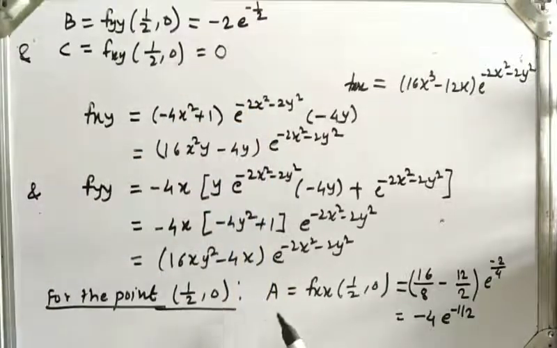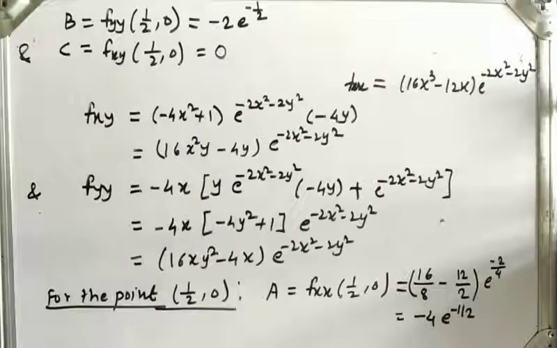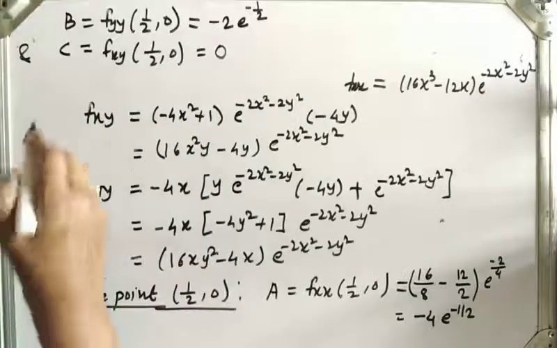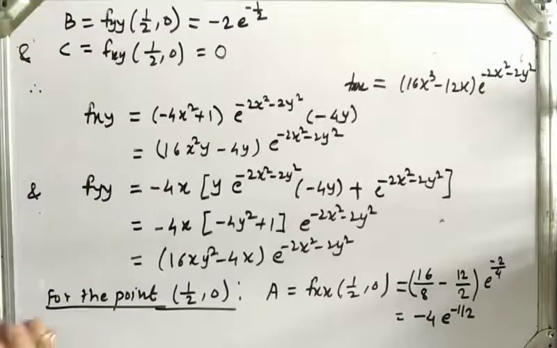Okay, so we get a, b, c. From this, what do we do? We calculate d. What is the value of d? d is equal to ab minus c square.